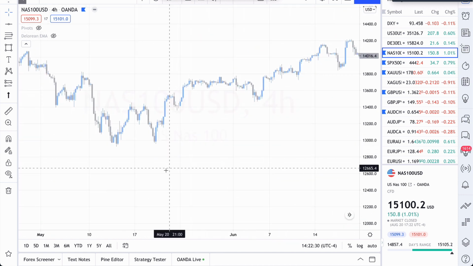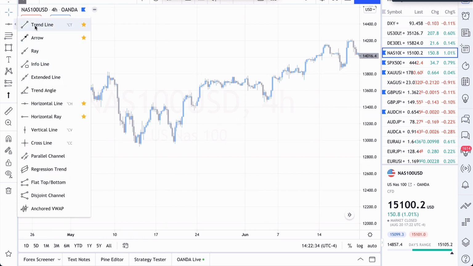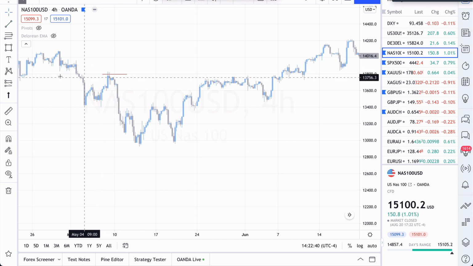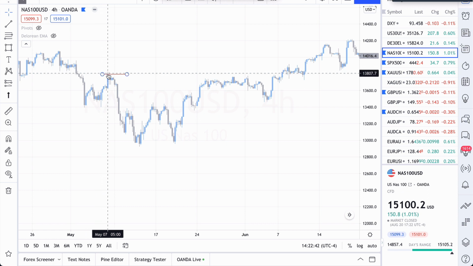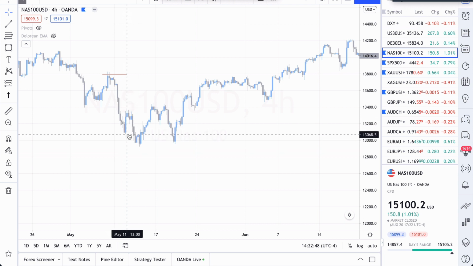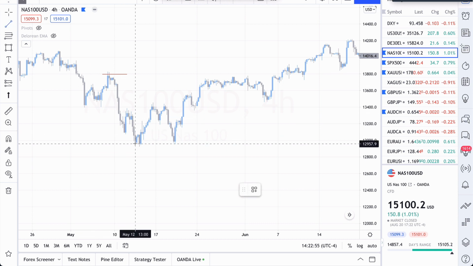Let's say we start here. Let's say this is our high. All right, then we had the market from this point to swing lower. I'm not using this one because it went lower. So let's say we have a swing low here.